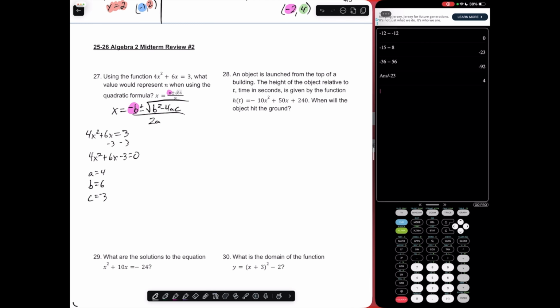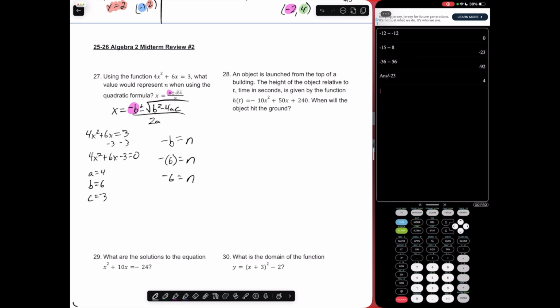What we want to be aware of is that the negative b value is what turned into n. So if I have this negative b, b is 6, so that's my n value. So n is negative 6.